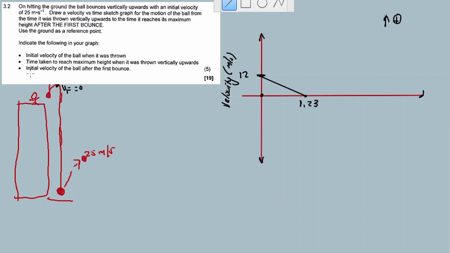Now we come back to the initial velocity of the ball after the first bounce. Remember, don't forget: the ball leaves the maximum height, then it starts picking up speed again, but in the opposite direction, meaning that the line will extend. When it arrives, the ball stops and hits the ground. After it hits the ground, what happens?